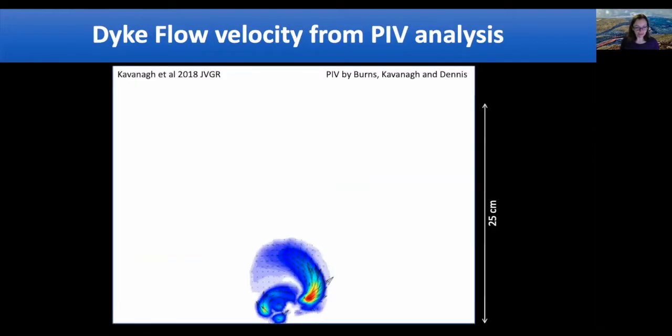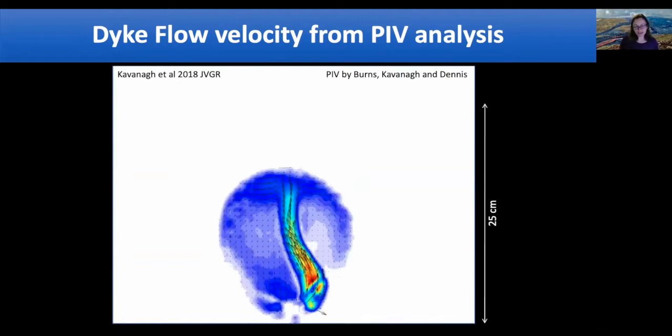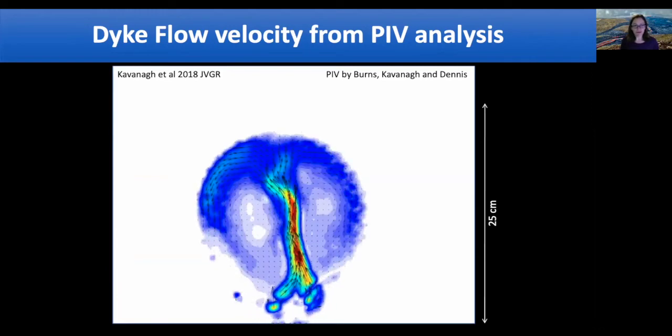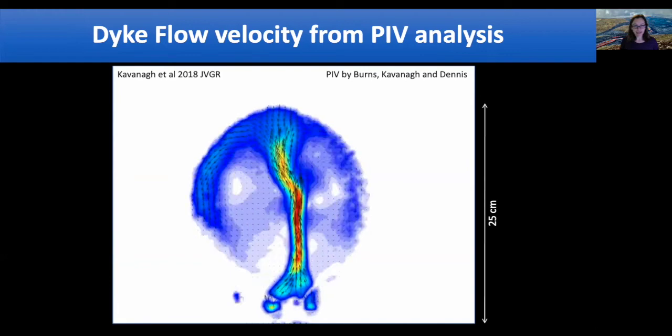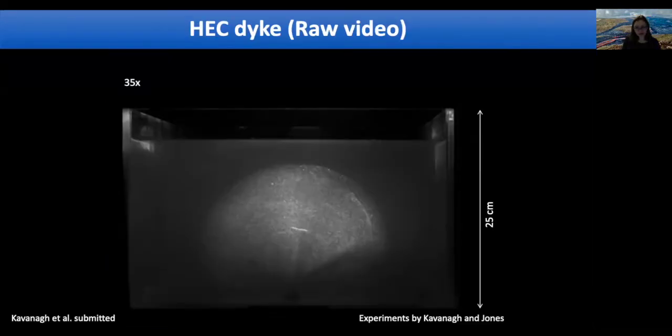I'll play it again for you. So you see this centralized rapid flowing jet, and then recirculation of the fluid around the margins of the dike as it grows. And as it reaches the surface, there's a bit of an instability that seems to develop in the jet. In our experiments, we then decided to have a look at some different fluids to explore different Reynolds numbers and see how that affected the flow structures that formed.